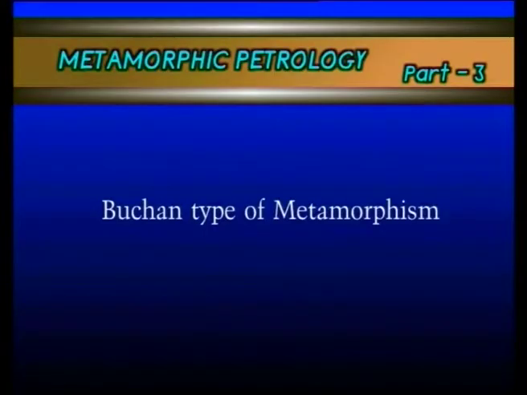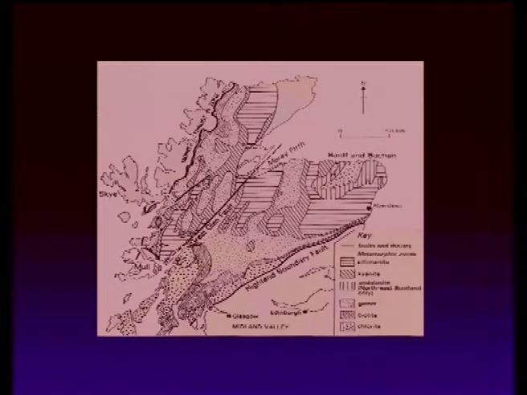Normally the andalusite, sillimanite along with cordierite indicate a low pressure metamorphism, and this is known as the Buchan type of metamorphism. So both sequences you can see on the map, the Barrovian type as well as the Buchan type of metamorphism.